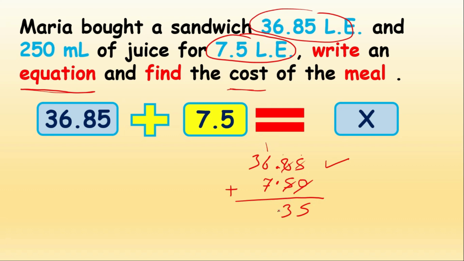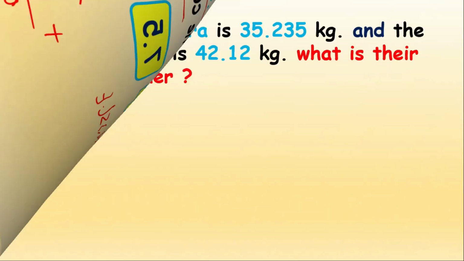Don't forget to put the decimal point. 6 plus 1, 7, 7 and 7, 14, carry up 1, 1 plus 3, 4. So the cost of the meal equals 44.35 pounds. Got it?